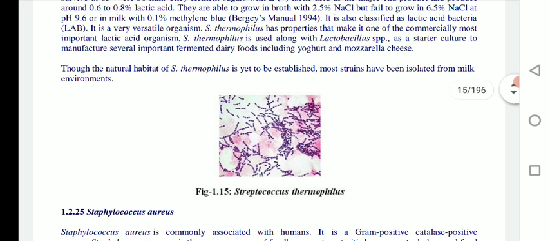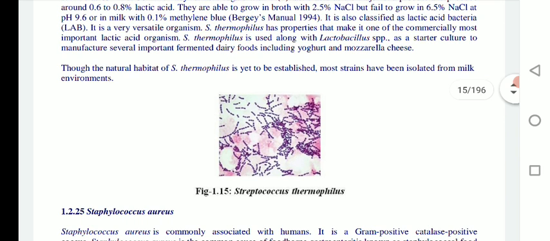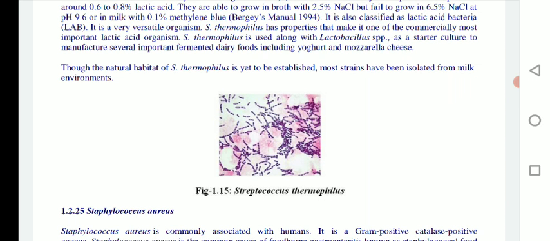So this is the basic information regarding Streptococcus thermophilus, the main lactic acid bacteria which is used along with Lactobacillus species, and both of these bacteria are used as a starter culture for production and manufacturing of different products derived from milk.